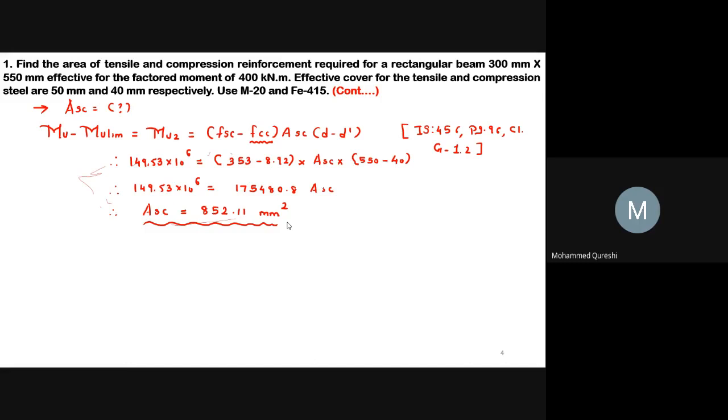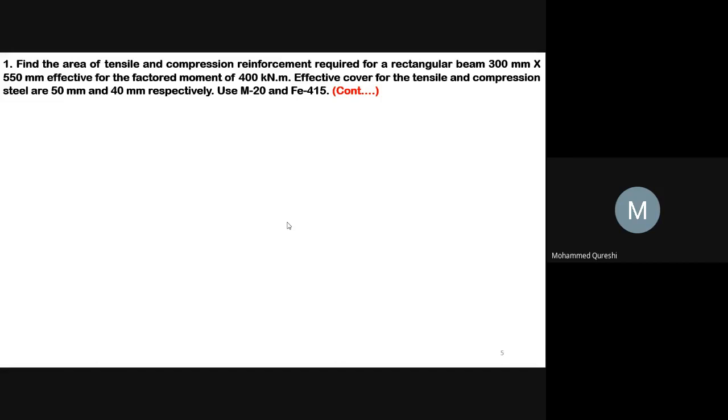using the given grade of steel and concrete, and the value of AST2 using IS 456 2000. So firstly we will find AST1.